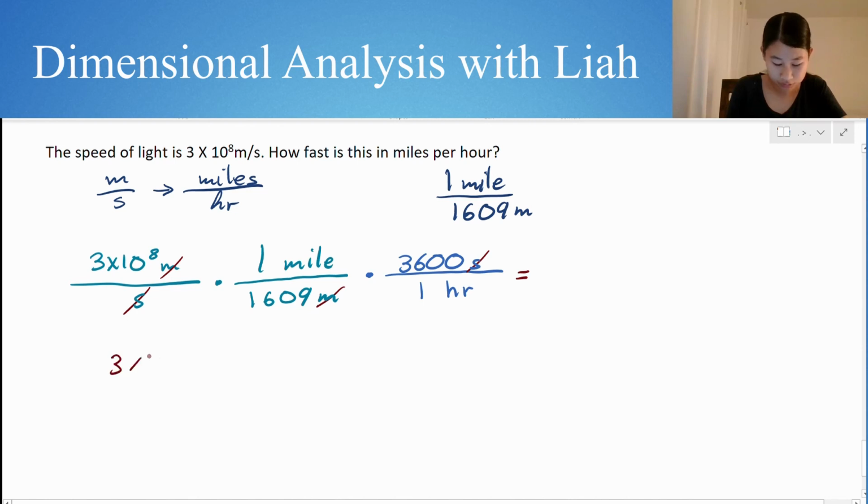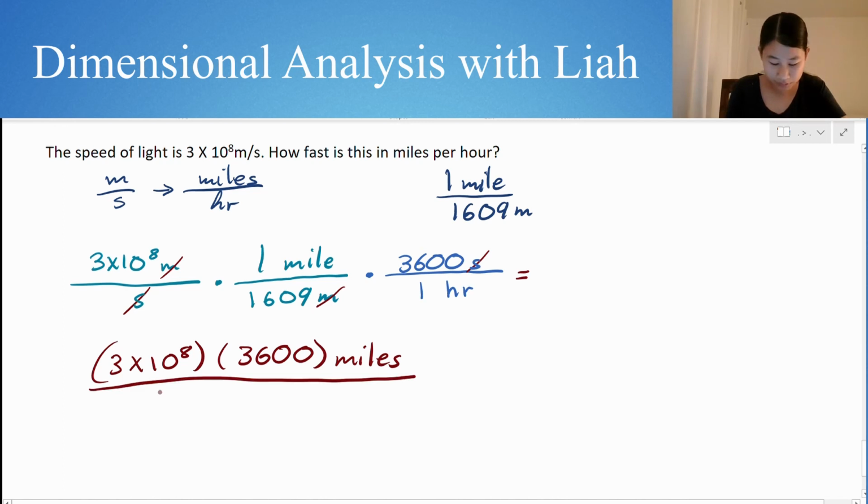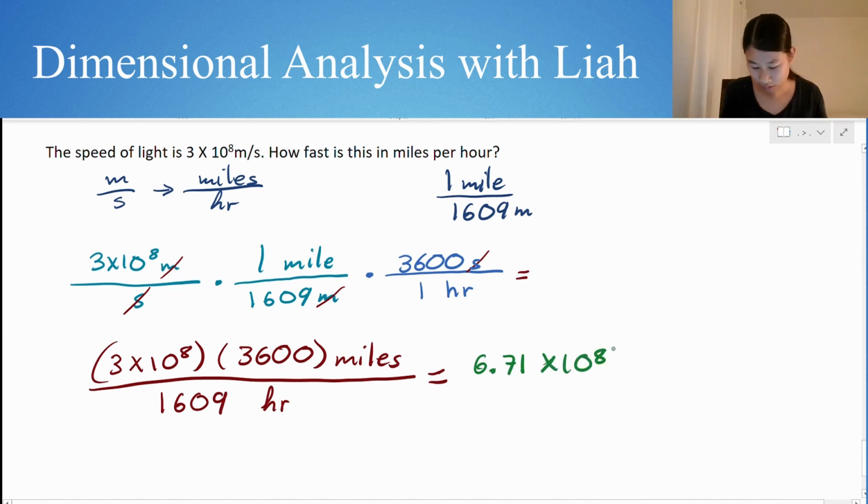So 3 times 10 to the 8 times 3,600, that'll be miles on top, divided by 1,609, and that'll be hours. This gives us 6.71 times 10 to the 8 miles per hour.